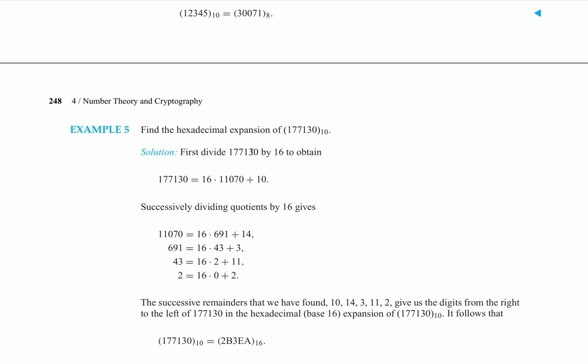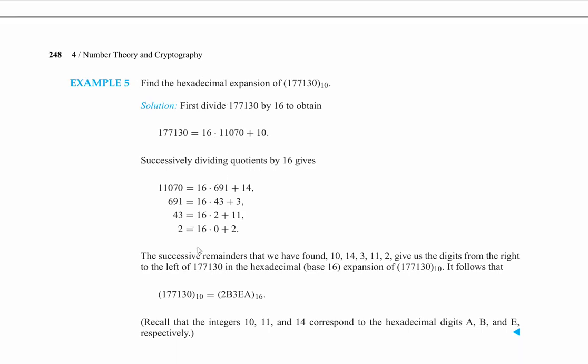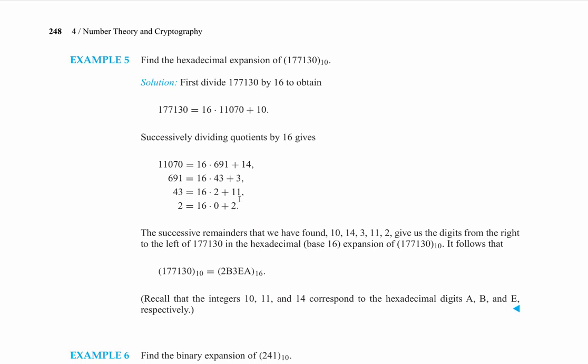Here's one converting into hexadecimal. So you're dividing by 16s. And when you divide by 16, the remainders go from 0 up to 15 is possible. And then just remember, these numbers that are 10 or higher get a letter.